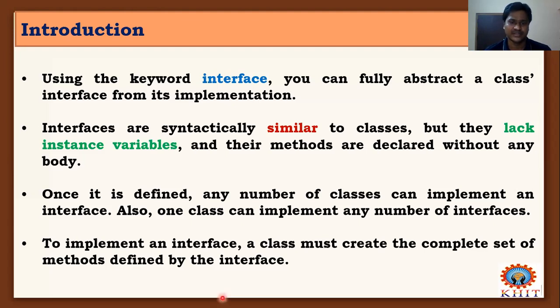So when a class is going to implement an existing interface, that class must create the complete set of methods defined by the interface. Whatever methods are defined in the interface are to be implemented in the class that implements that interface. Got it?